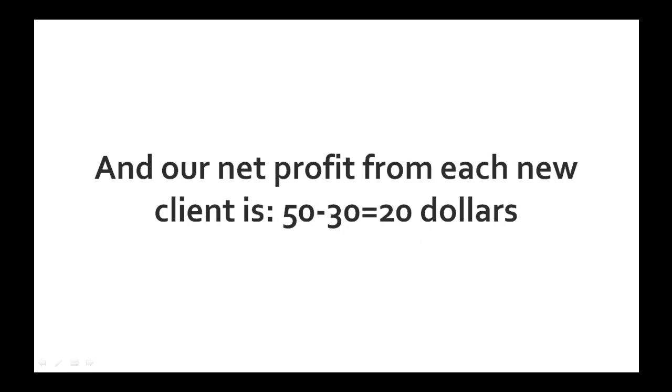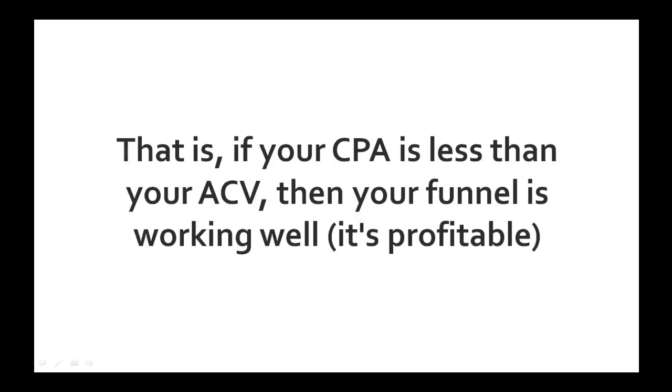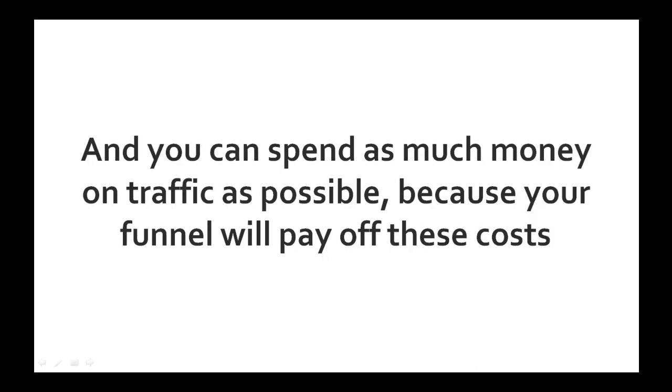And our net profit from each new client is $50 minus $30 and we get $20. That is, if your CPA is less than your ACV, then your funnel is working well, it's profitable. And you can spend as much money on traffic as possible because your funnel will pay off these costs.